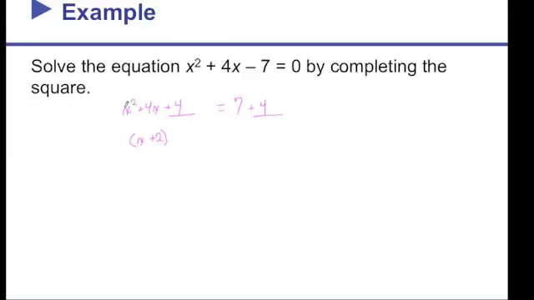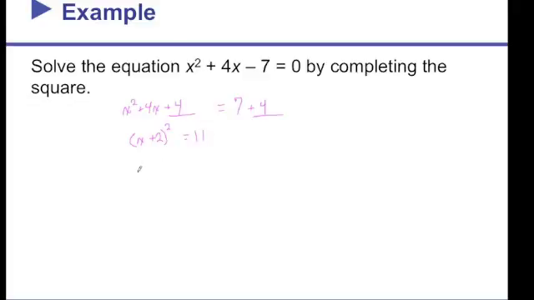The square root of x squared is x, and the square root of 4 is 2. And if you square it, you'll find you would get a 4x, doubling the 2 times x. So now we have x plus 2 squared equals 11.